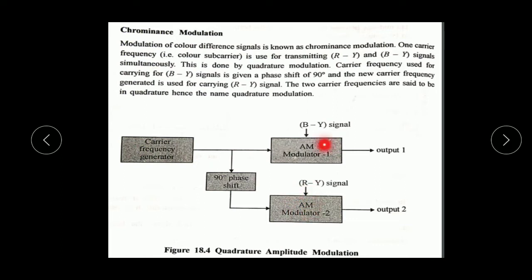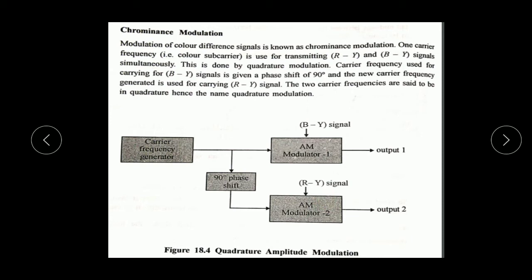Modulator 1 is for the B minus Y signal, and modulator 2 is for the R minus Y signal. But the carrier for modulator 1 has 0 degree phase, while for modulator 2 the carrier is 90 degree phase shifted.